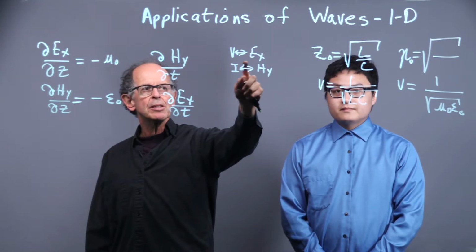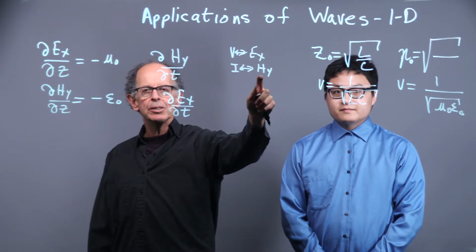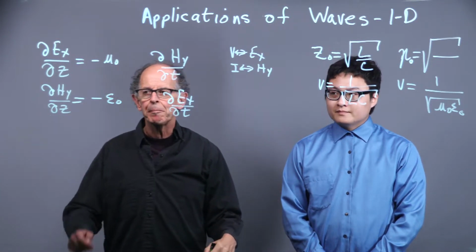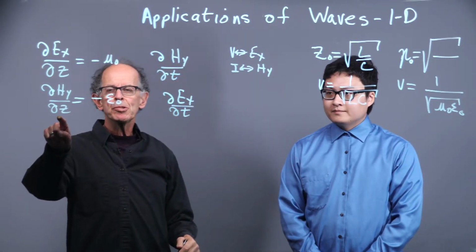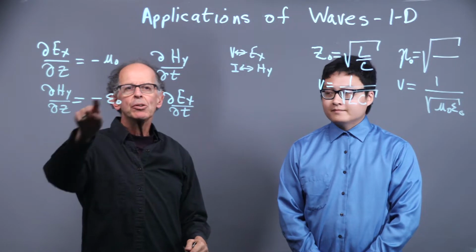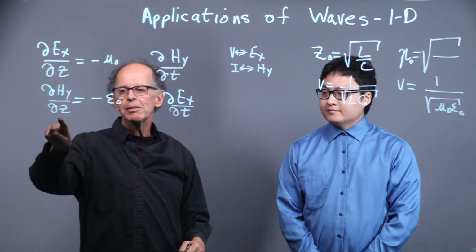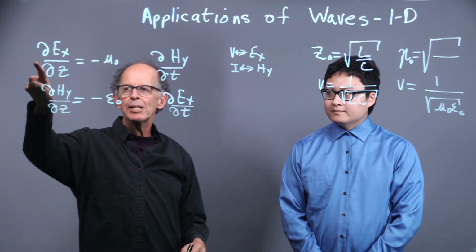Voltage and current is equivalent to EX and HY from the previous video. Now, I want to get a second order wave equation here. It's very similar to what we did in class before.